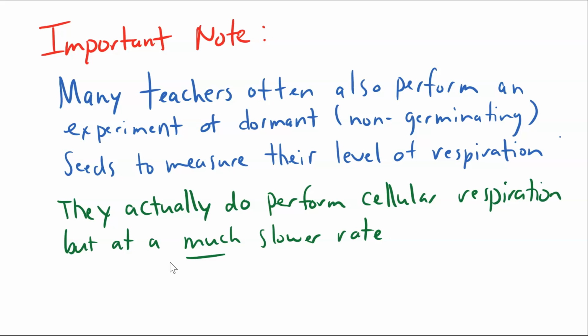I'll just go ahead and tell you that dormant non-germinating P's actually are performing cell respiration at a much slower rate. You probably would have hypothesized that anyway, but we're going to reduce your workload here and just ask you to analyze the experimental data for germinating P's at 25 and at 10.